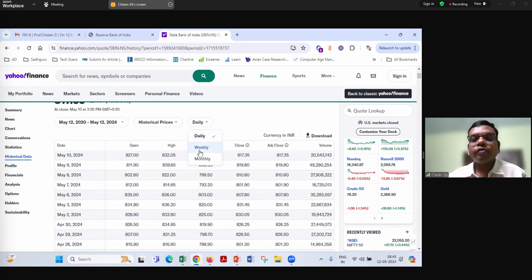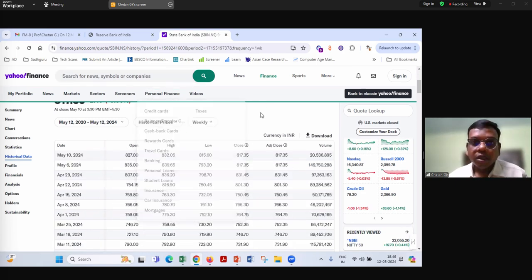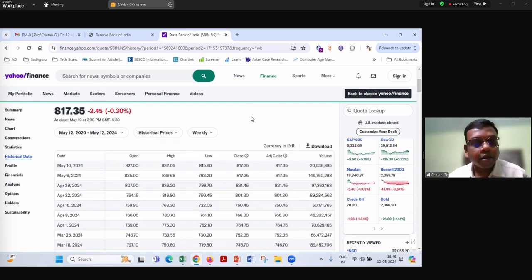And I'll take weekly because the daily observations will be more. Okay, so I'll take weekly. There are 52 values in 1 year. Whichever frequency you want, you can download it. There is no specific rule, but normally academicians go with this weekly price. That is the reason I'm just taking weekly.